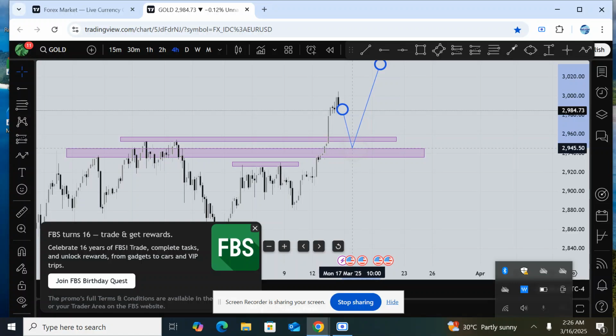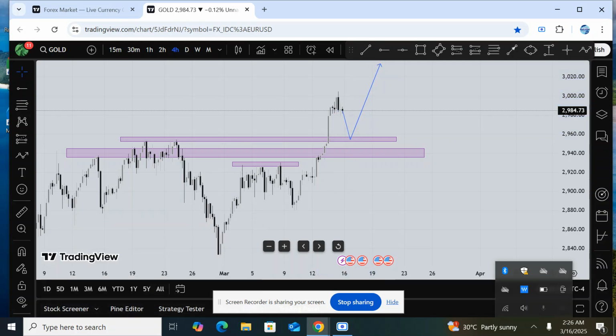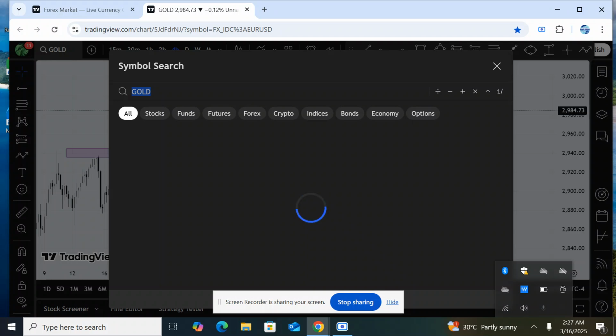If the valid buy confirmation occurs here, we are going to catch it at the break above this zone, then we'll catch it all the way to the upside. So I still leave it on this. That's for gold.